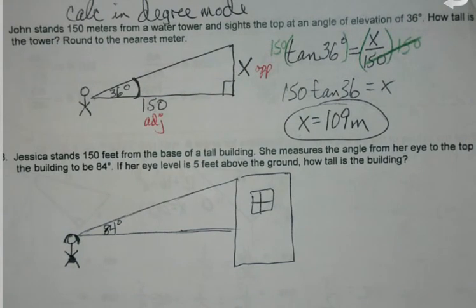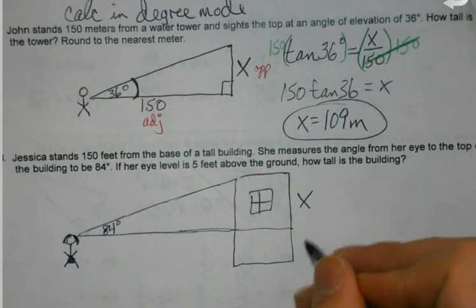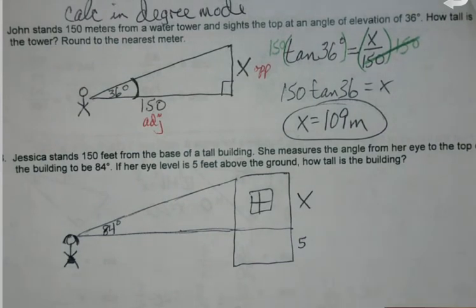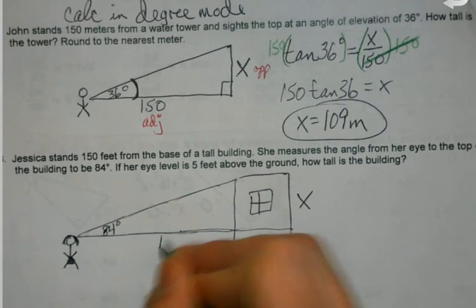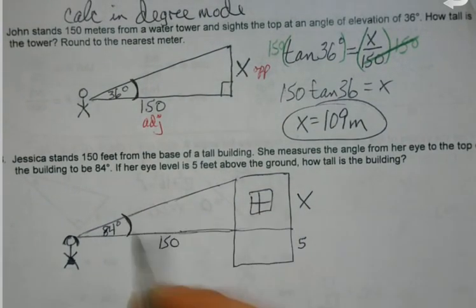What we have to keep in mind is we're going to end up finding the height of this building. But we've got to keep in mind that she's got this 5 feet that she's working with. This girl is tall. So when I go to do this, 150 feet away, I've got the same two sides again.